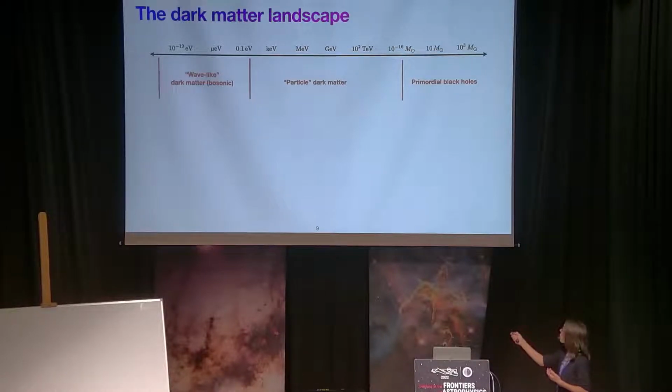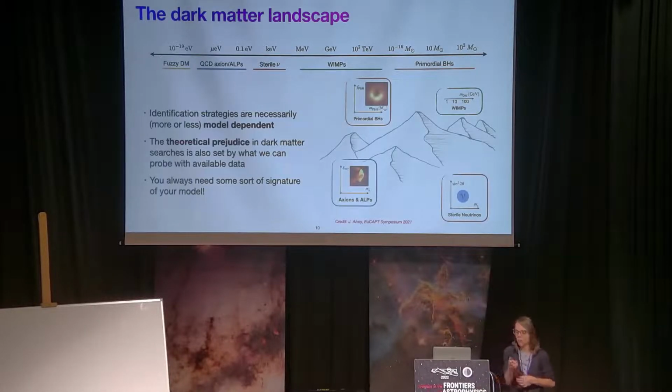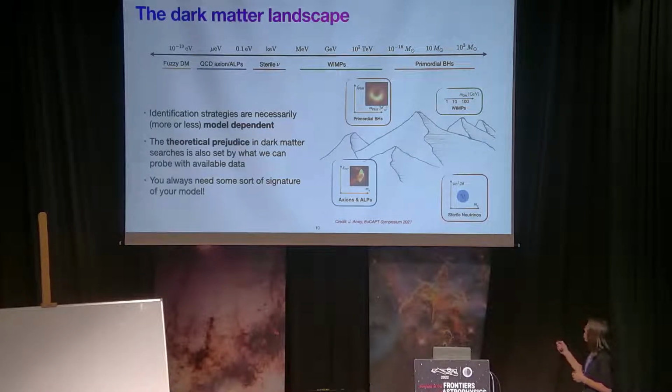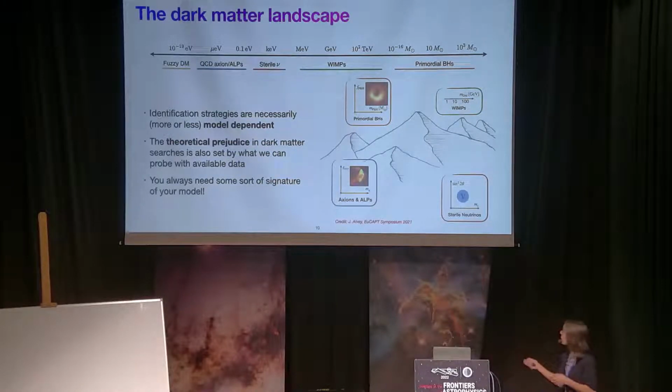You have a regime where particle dark matter behaves more like particles, and then you have dark matter also at very high masses, where, for example, primordial black holes can eventually be good dark matter candidates.